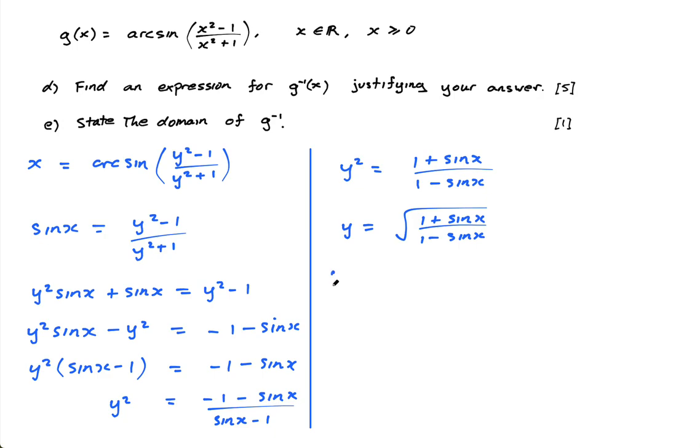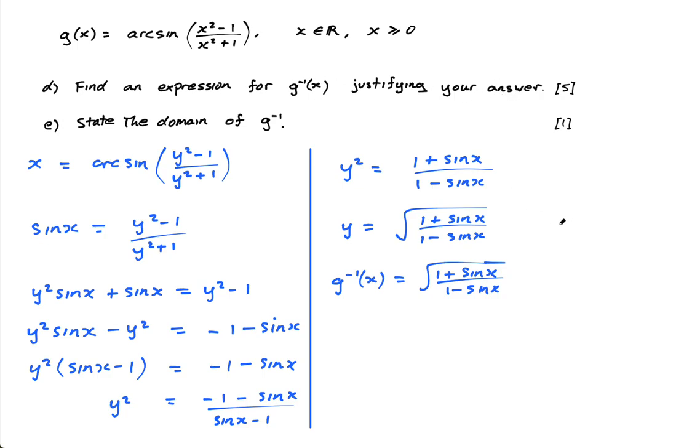And then we should technically write g minus 1 of x is then equal to the square root of 1 plus sine x over 1 minus sine x. Now he does say justifying your answer.